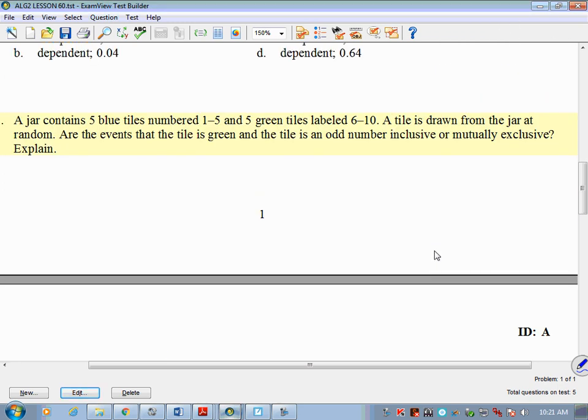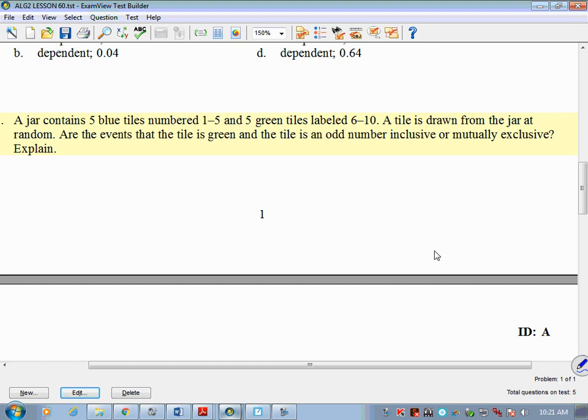A jar contains 5 blue tiles numbered 1 through 5, and green tiles 6 through 10. A tile is drawn from the jar at random. Are the events that the tile is green and the tile is odd inclusive or mutually exclusive? What do you think? Inclusive.